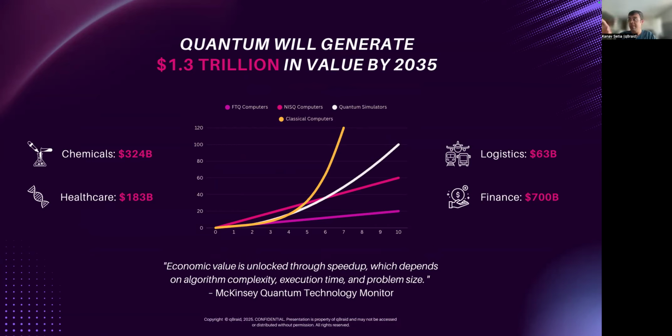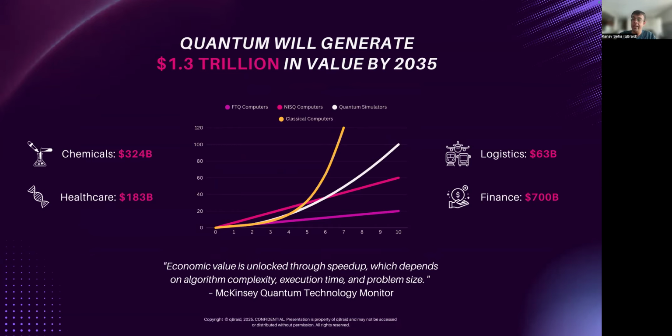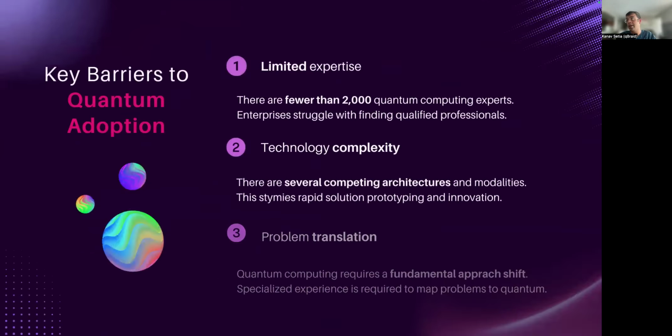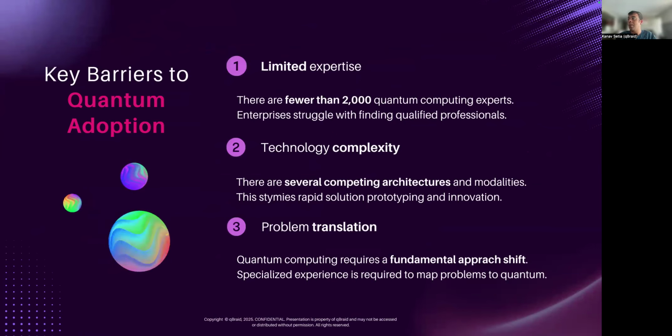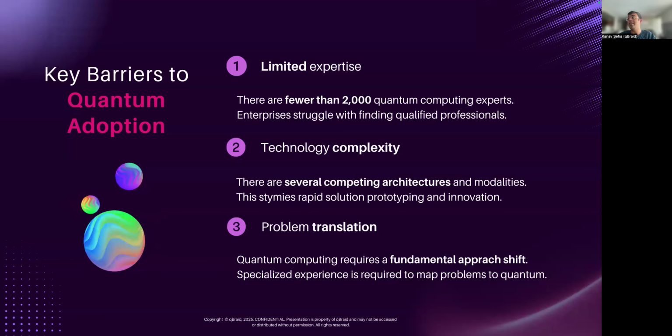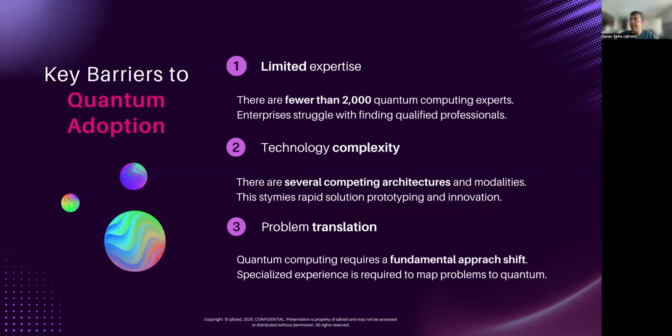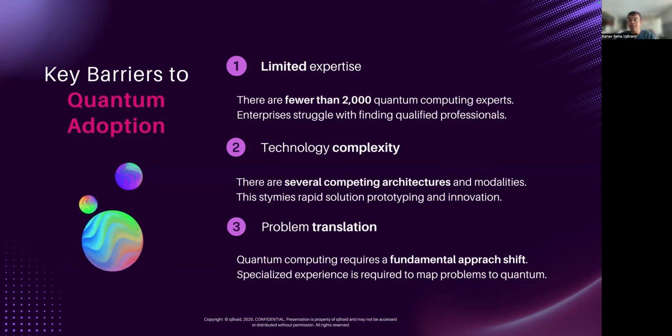And so if there's a lot of value to be created, what are the key barriers to quantum adoption? It's actually limited expertise. There are fewer than 2,000 quantum computing experts in the entire world, which means events like these and building community around these topics is incredibly important. Technology is quite complex.